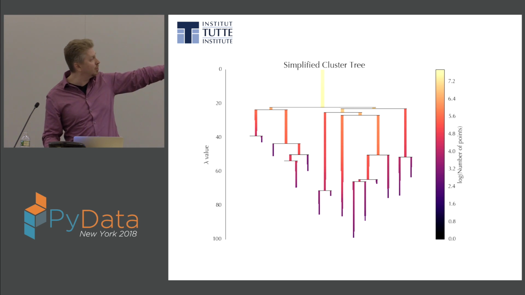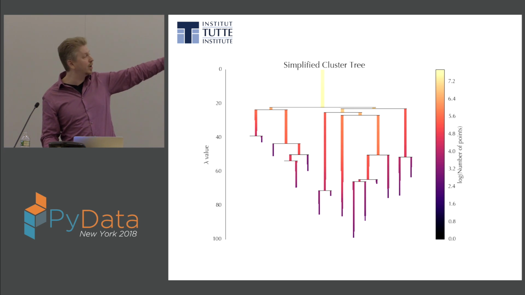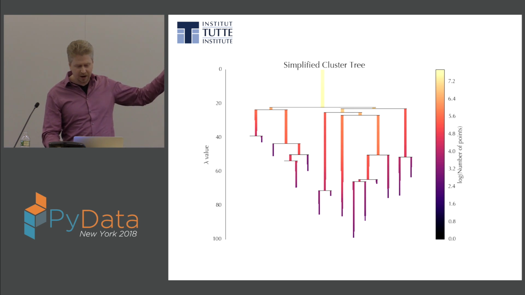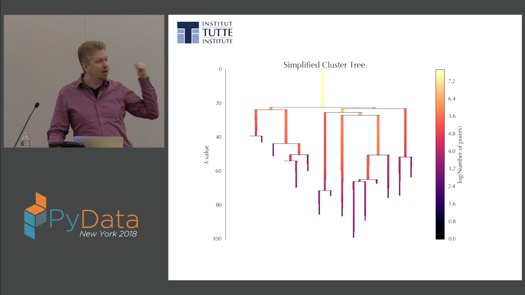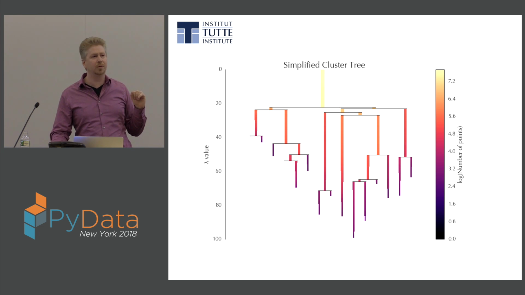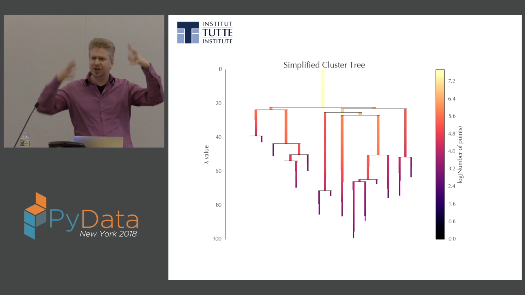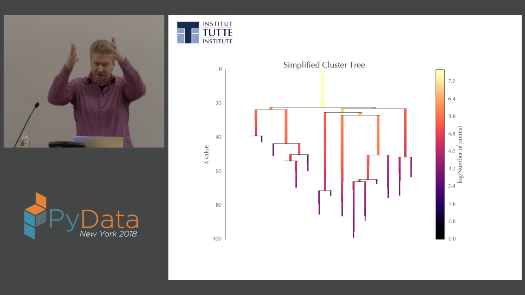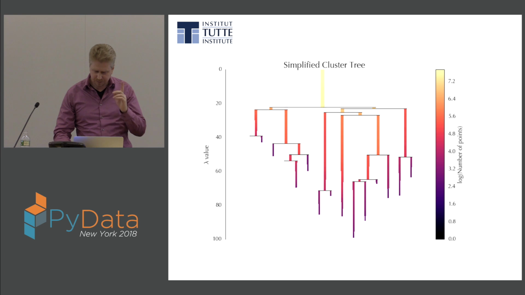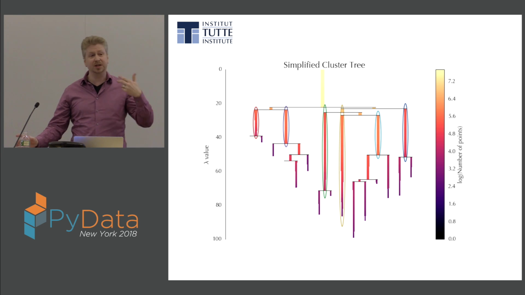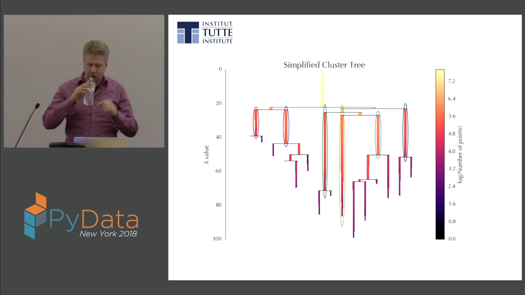You get a much more simplified representation of the dendrogram coming out of that. Here, I've colored the dendrogram by the size of the cluster, and I've also set the width of those bars based on the size of the cluster, so you can see what's happening as those clusters fade away and then vanish.